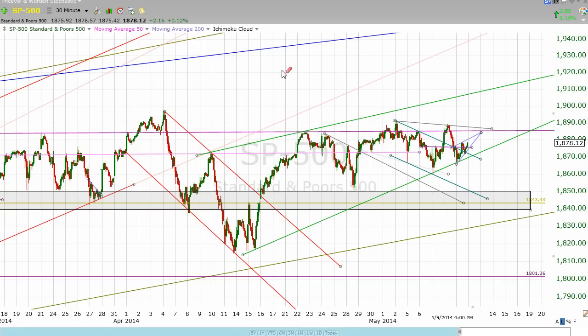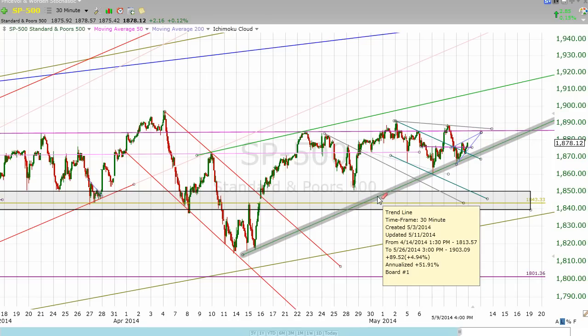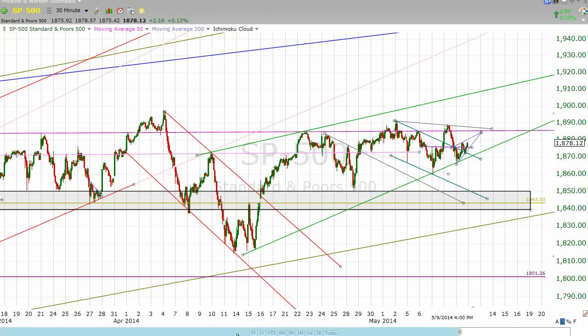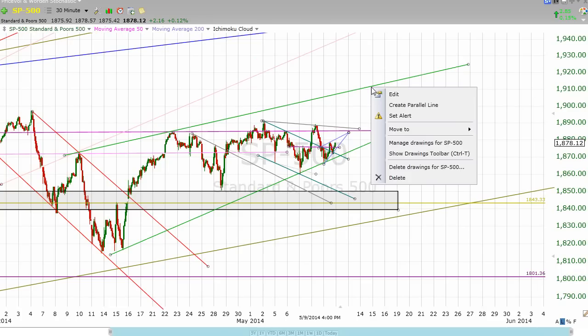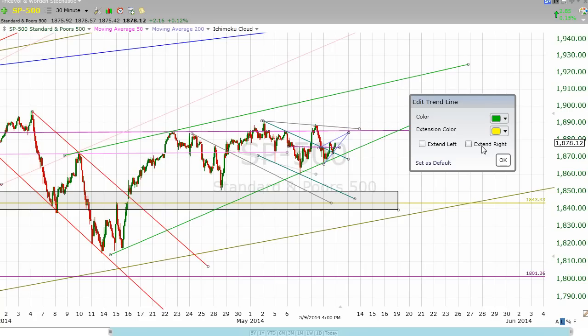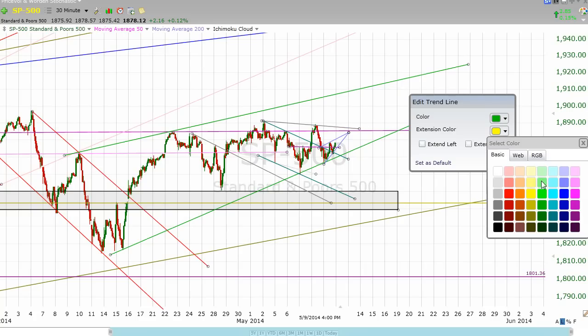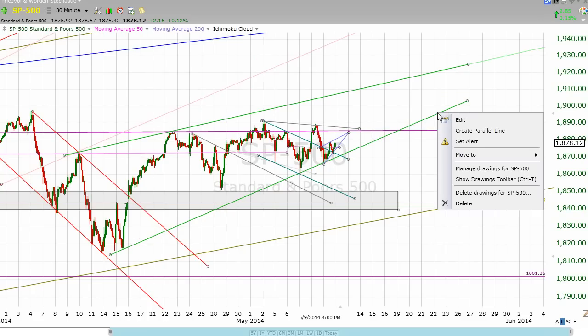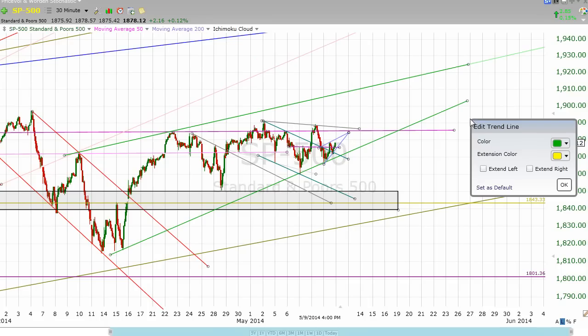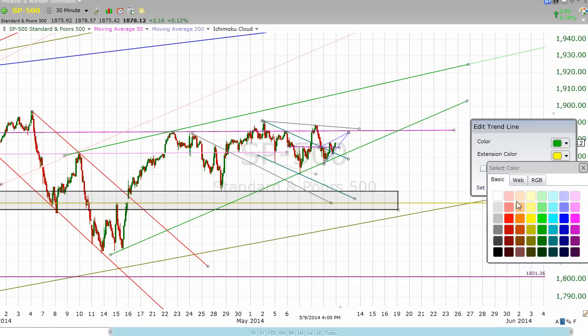I'm still hoping that I was right in changing this line, and obviously if this line is now to be the working pattern, then it is a rising wedge. So I'm going to extend this to the right. We'll use light green. And I'm going to extend this line to the right. You see what I'm doing there? I'm going to edit, choosing a color.